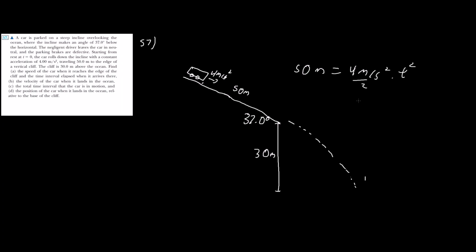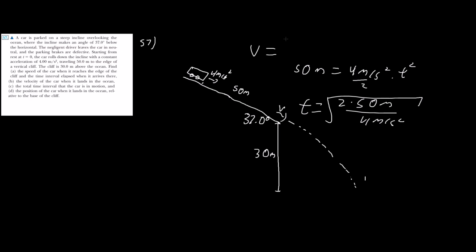Let's find the time: 50 meters times 2 divided by 4 meters per second squared, square root the thing. We're going to plug that time into the other equation to find the speed, which is just 4 meters per second squared times that time.